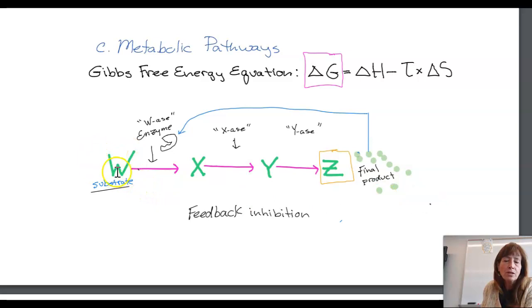We have substrate W that's going to get converted to a product X. Then product X becomes the substrate and gets converted to product Y. Then product Y becomes the substrate, and ultimately we get to what we really are looking for, and that's this final product Z. So each one of these is a multi-step reaction.